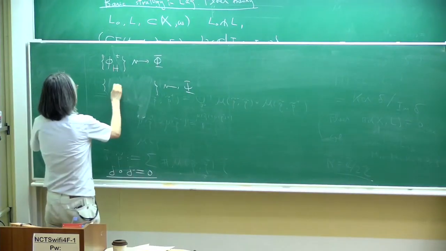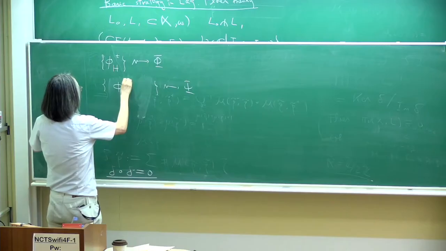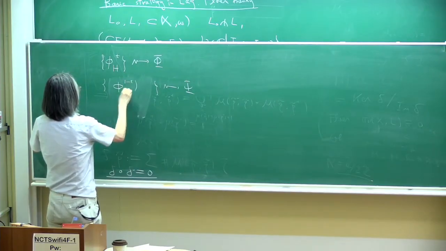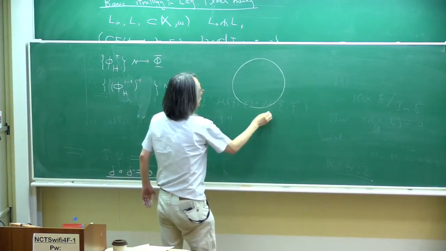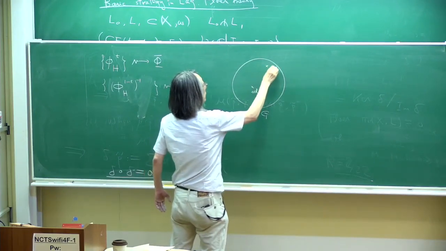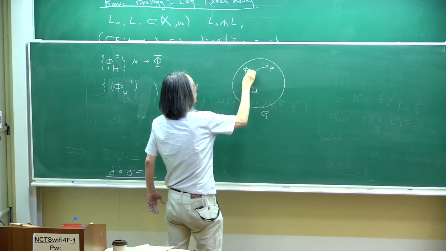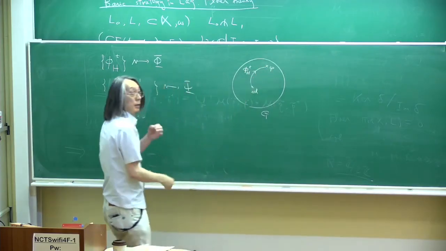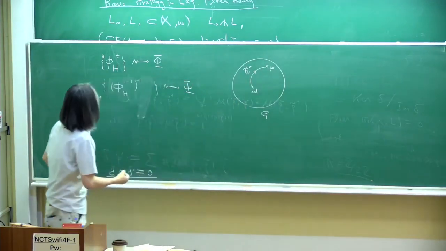So sorry, maybe phi of h of 1 minus t inverse. So what I'm saying is, here you have a group. So here you have identity, and here you have phi. And from here to here, we consider this phi of ht. This is a path. And now I want to consider the kind of inverse path.